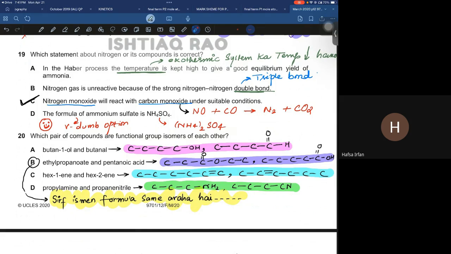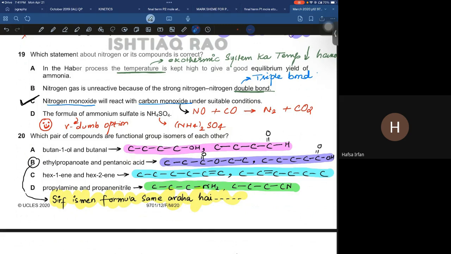Okay, so it has C4 and 1, 2, 3, 4, 5, 6, 7, 8, 9, 10: C4H10O. And if you count this, 1, 2, 3, 4, 5, 6, 7, 8: C4H8O. So option A is incorrect because the molecular formula is not the same. Functional groups are different, but the molecular formula should be the same.